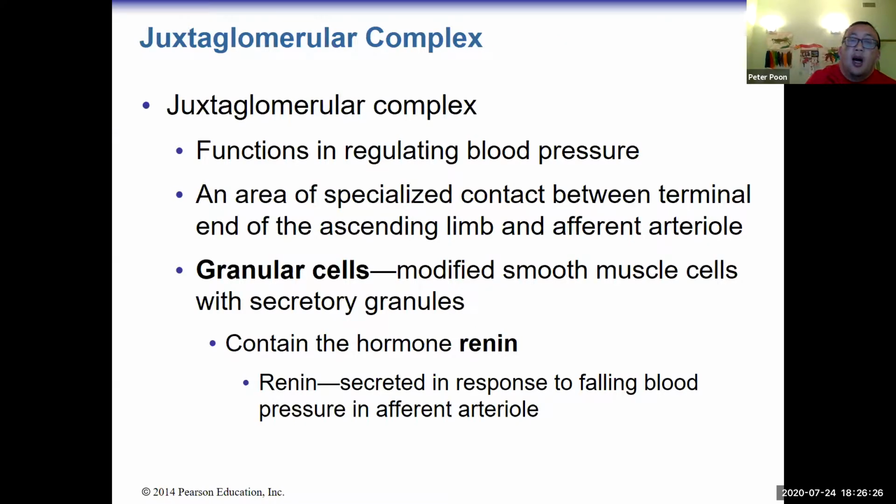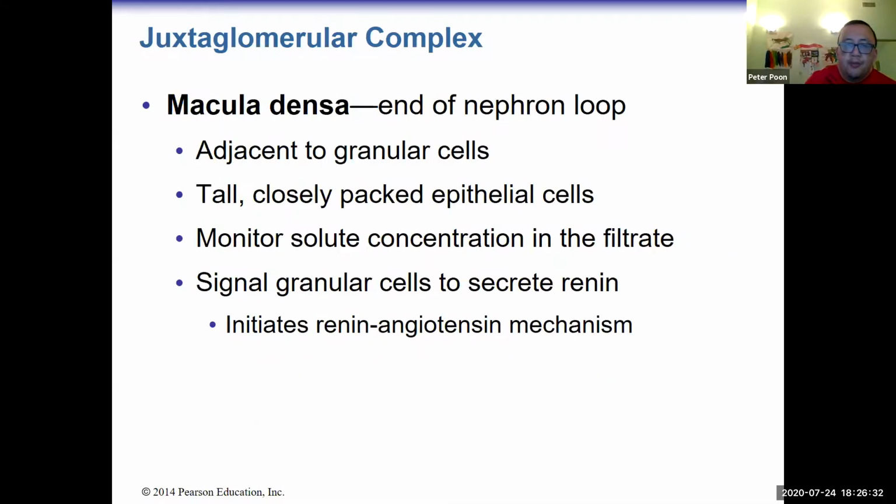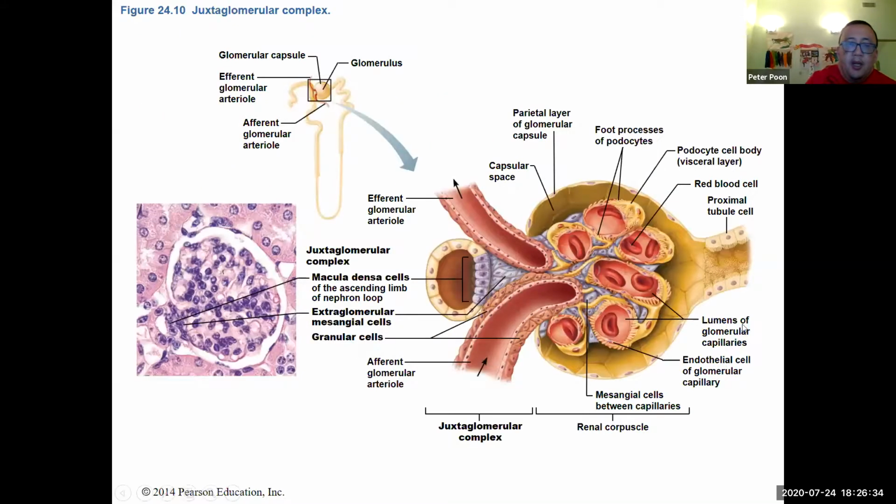The next part is the juxtaglomerular complex. Inside there, see how this is the afferent and efferent. The juxtaglomerular complex is part of the proximal convoluted tubule.